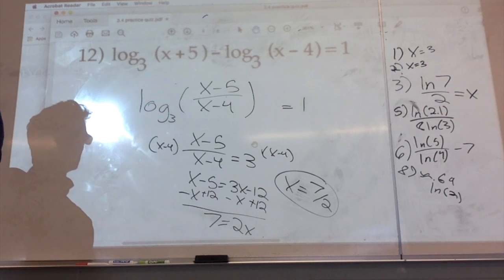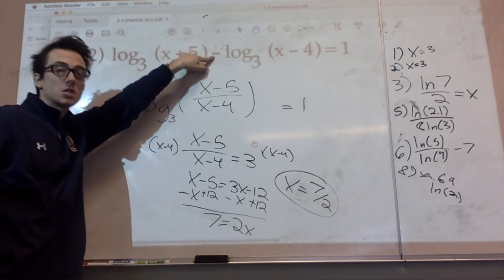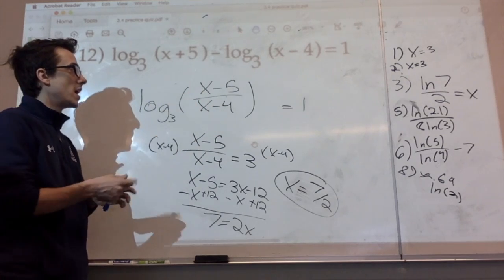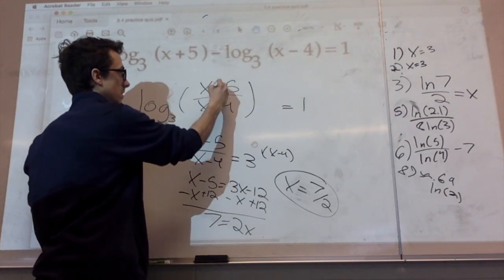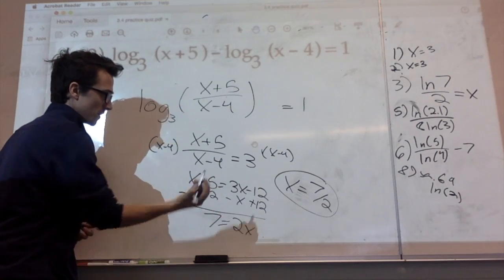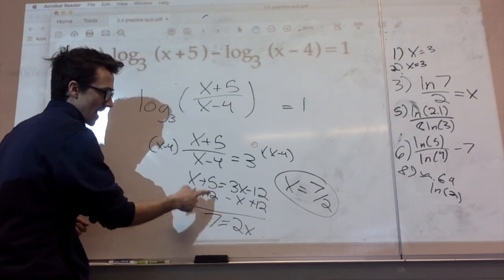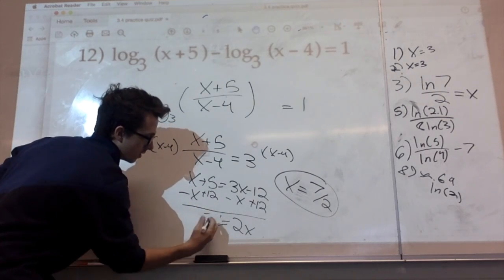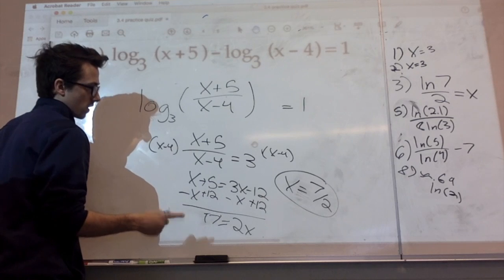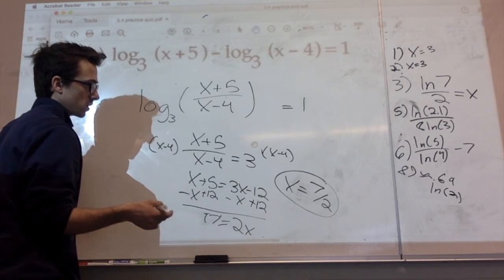Pretty sure. Yeah, we saw the subtraction at the beginning, so we wanted to use division. X plus 5 is what I should have written, which is a small thing. Maybe you saw it. That doesn't change the problem too much though, because now the other side's 17. And x plus 5, yeah, 3x minus 12.